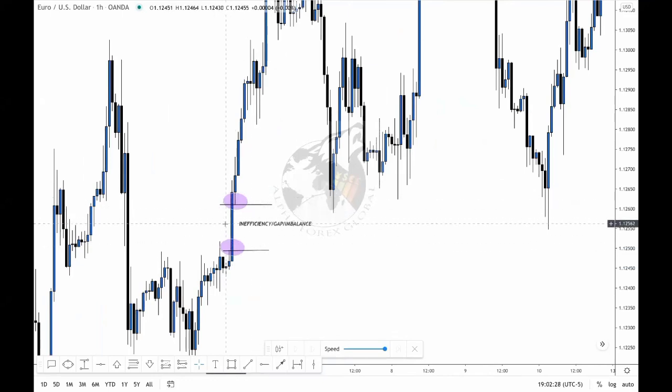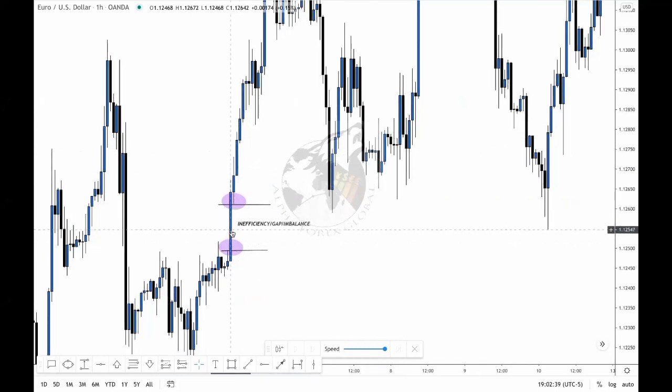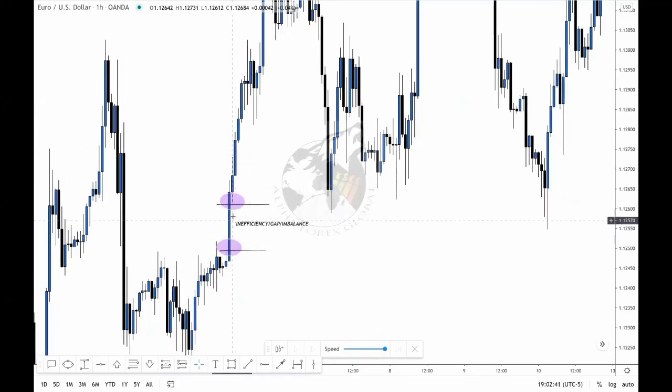Or like when the market opens after the weekend, you see a gap that you can see physically. It's basically the same thing. There are only buyers in the market right here, and when that happens, the market needs to come back to fill this gap.